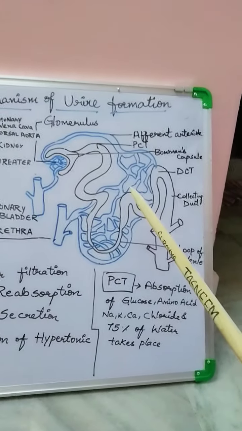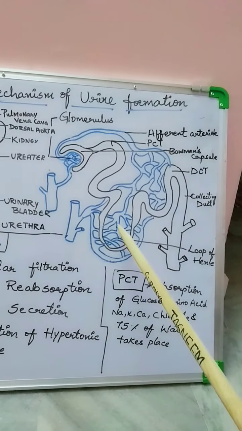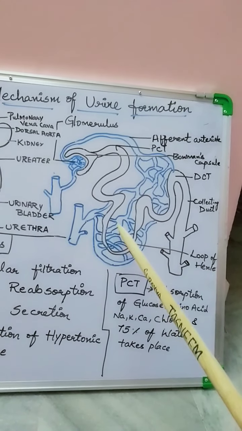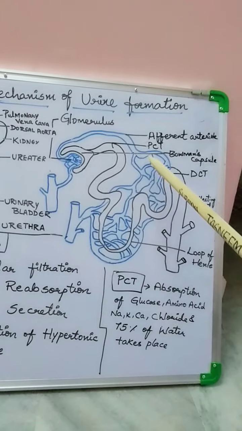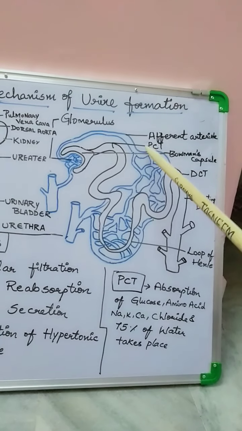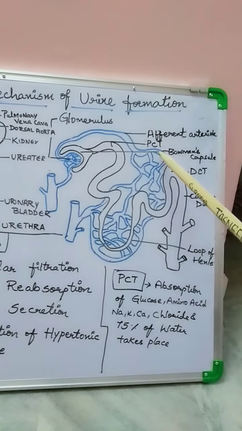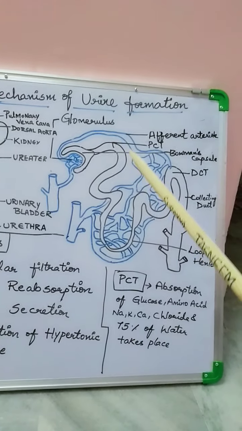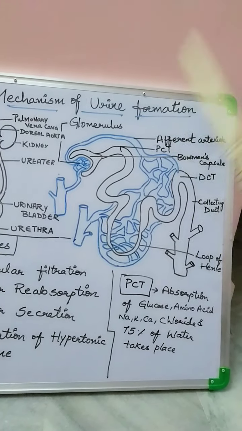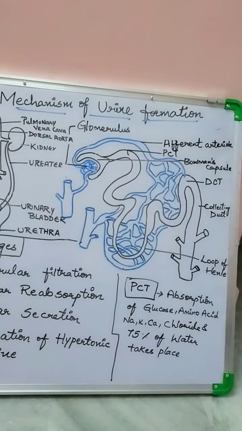Next step is the tubular reabsorption. The renal capillaries which are present around the nephron, the capillaries present around the proximal convoluted tubule, will reabsorb, like how a sponge will absorb the water when we keep it above the water.